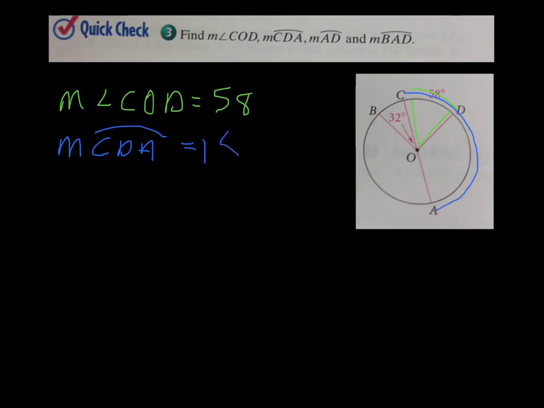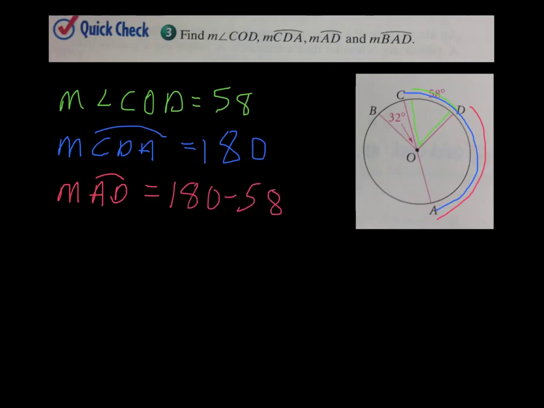They're both 58. Measure of arc CDA is going to be this semicircle right there. So hopefully you agree. Measure of that semicircle, that arc is 180. Measure of arc AD right here is going to be 180 minus 58, which would be 122. It's going to be the measure of arc ACD minus arc CD.